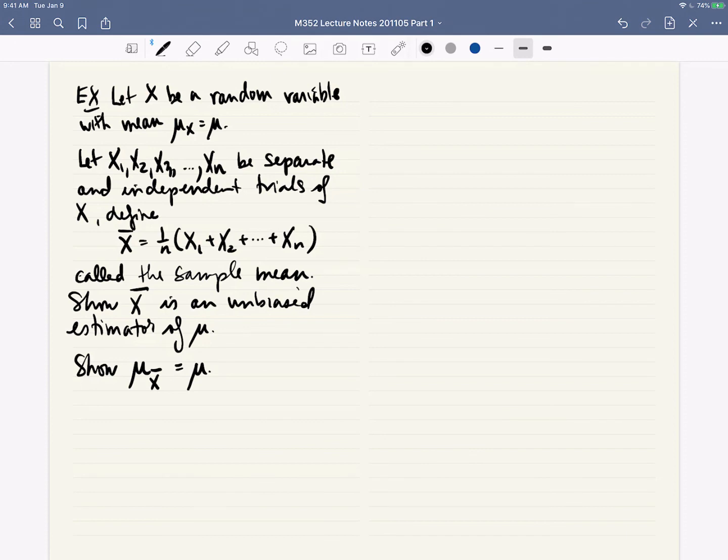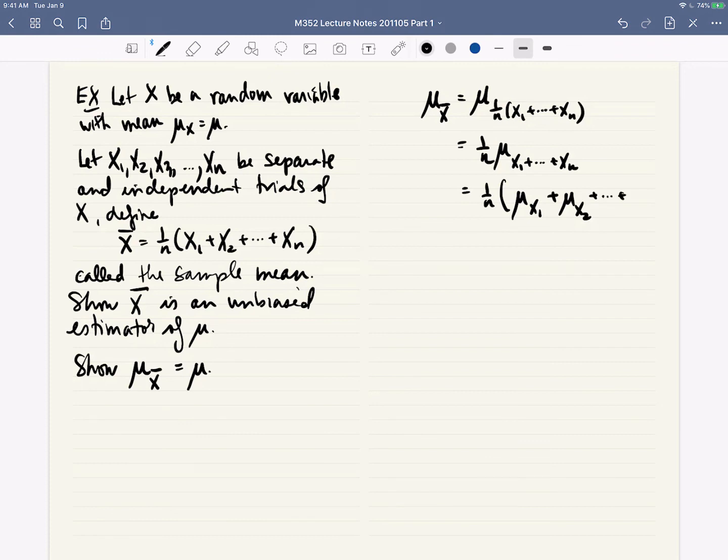All right, well, let's do it. The mean of x bar is the mean of 1 over n times the sum of all these random variables. That's a linear combination of random variables. So leaning on what we did last time, I can pull that scalar multiple out in front of the mean. And then I can use the linear nature of the mean and say the mean of the sum of random variables is the sum of the mean of the random variables.